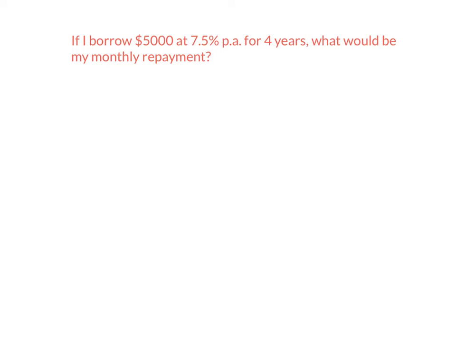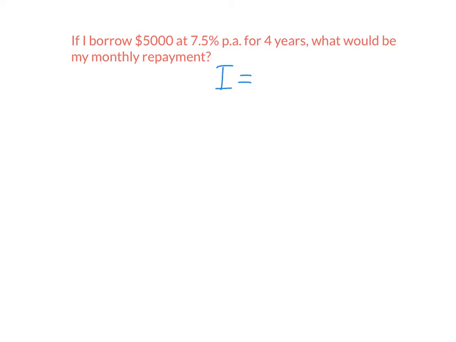So firstly, I need to calculate how much interest I'm going to pay. If I borrow $5,000, I'm going to end up paying back a little more than $5,000 because some of what I pay back will be interest. Now, I said earlier, the calculation for interest is exactly the same whether you're calculating interest that was borrowed or interest that was earned.